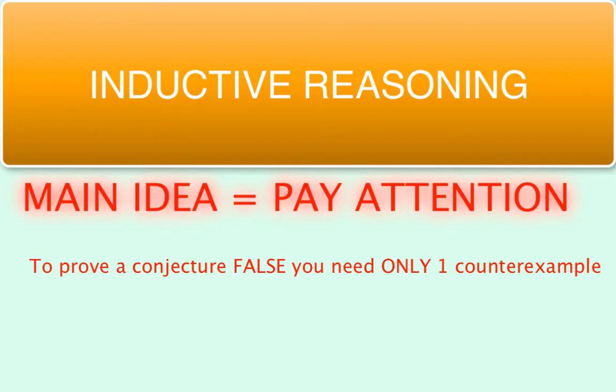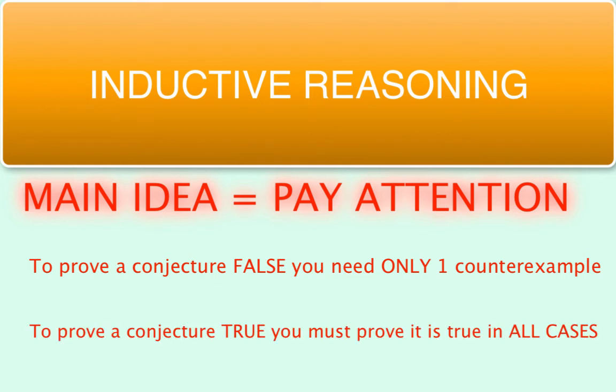To prove a conjecture false, you need only one, I repeat, only one example that shows the conjecture false, also known as a counterexample. But to prove a conjecture true, you must prove that the conjecture is true in all cases. This is much more difficult to do, and we will explore this idea through proofs in later units of study.